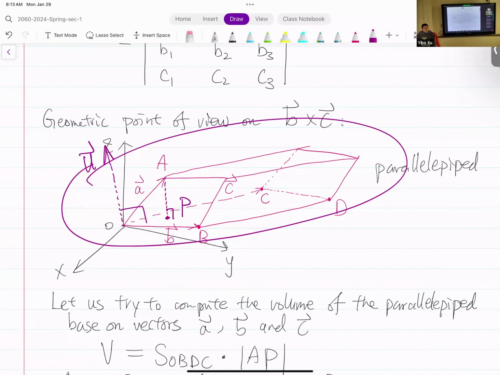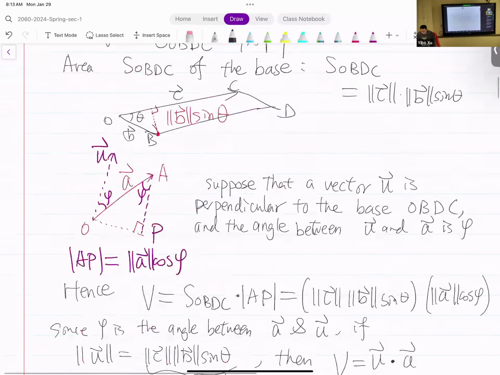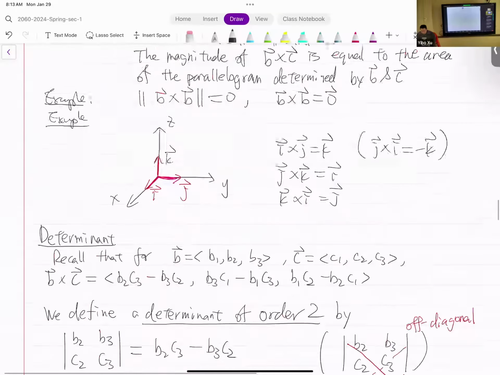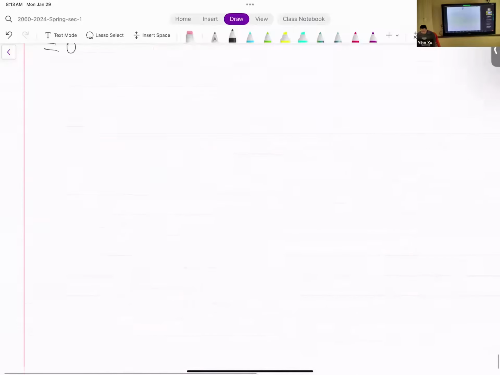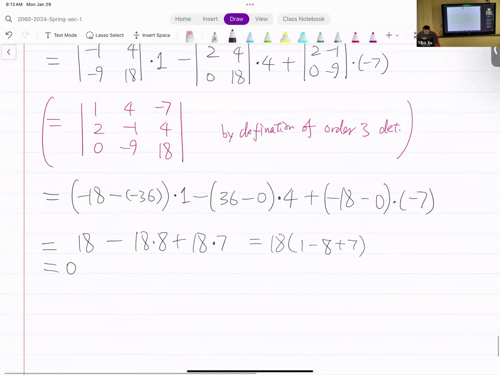It looks like we have a 2-dimensional shape instead of a 3-dimensional shape. So it looks like this point A is exactly on the plane that's constructed from B and C. That's possibly what happened, and this is actually a very good observation. If you don't really have a volume, that just means it's not a 3-dimensional figure anymore, it's just a 2-dimensional figure. So in that case, we call the 3 vectors coplanar.